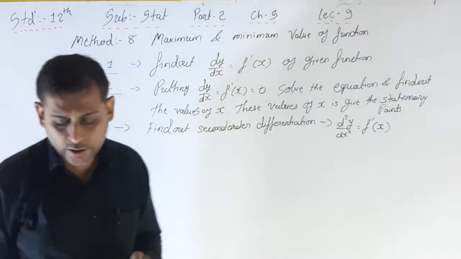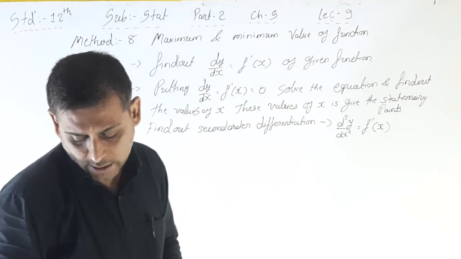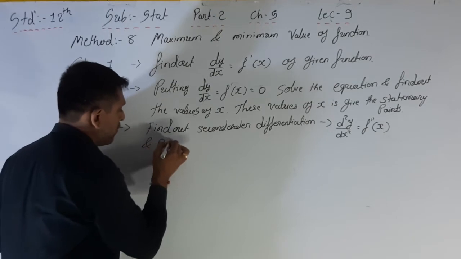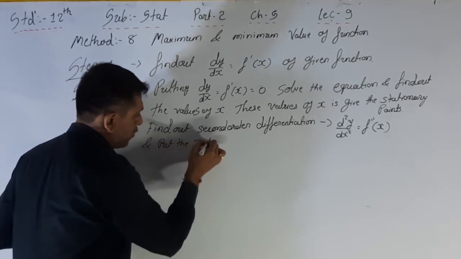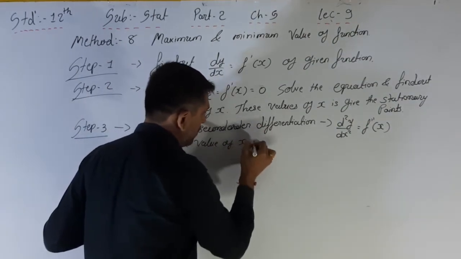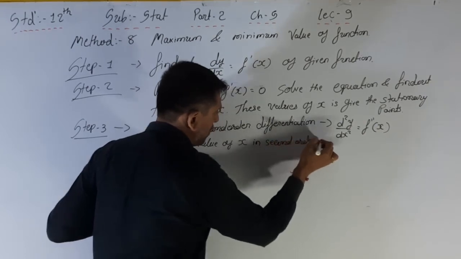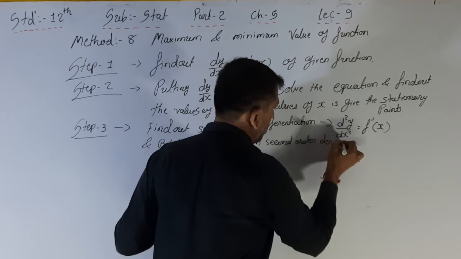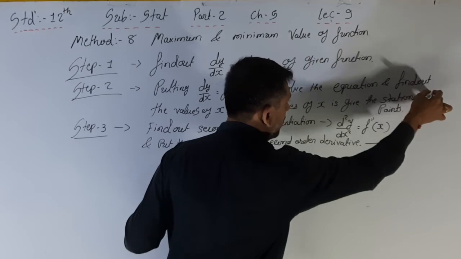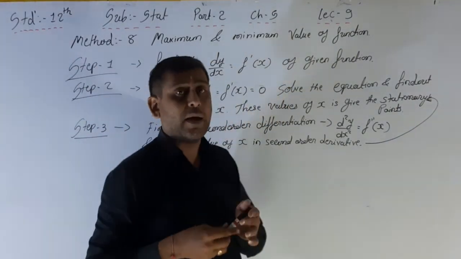Second order differentiation, okay, and then put these values of x alternatively in the second derivative, right? Which one? This one, the stationary point, whatever we are finding out in step number 2.